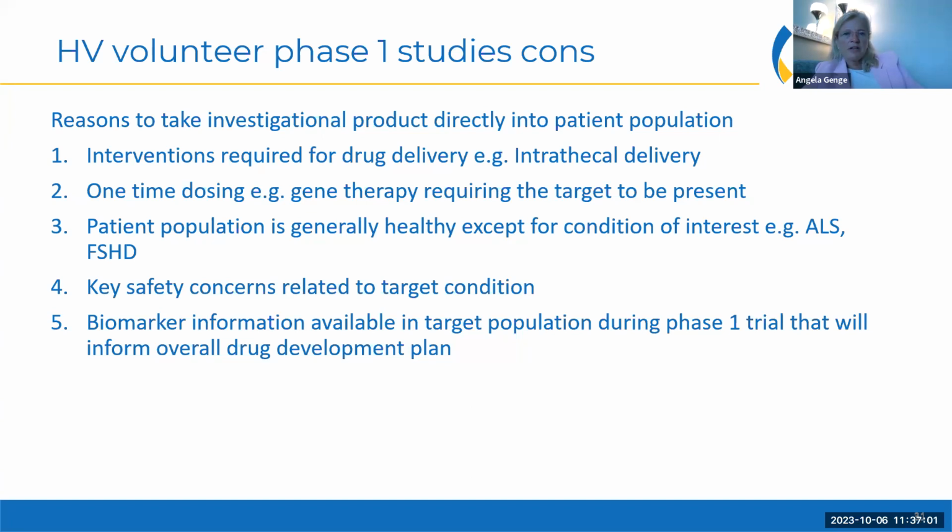ALS, FSHD are both conditions in which the disease actually is very limited to either the motor neuron population or the muscular dystrophy, without any systemic complications of these conditions inherently.